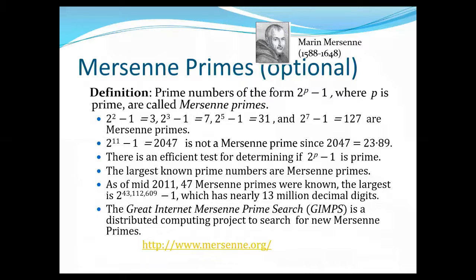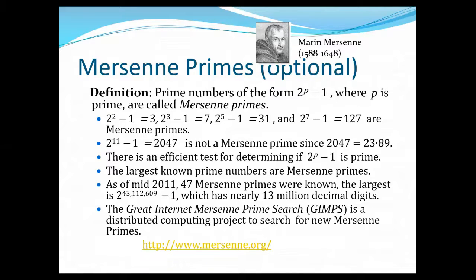As long as, again, when we substitute a prime number into the equation 2 raised to p minus 1 and the result is a prime number, it is considered a Mersenne prime. But there are instances where, even though we substitute a prime number for p, it will give us a composite number.